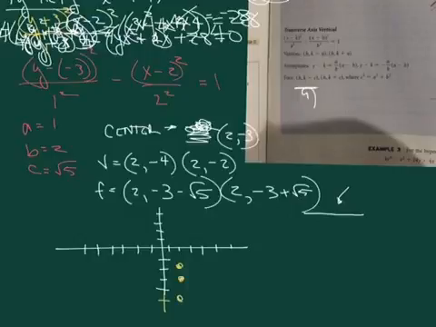And so that being the case, I'm going to draw a line there through each one of my vertices. And there's my center. And now my B is 2. So my B is 2 away from my center.